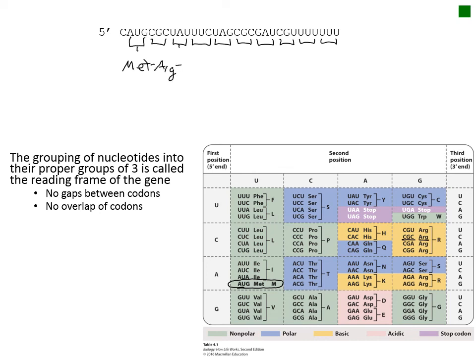Our third codon, UAU, corresponds to the amino acid tyrosine. The fourth codon, UUC, is phenylalanine.